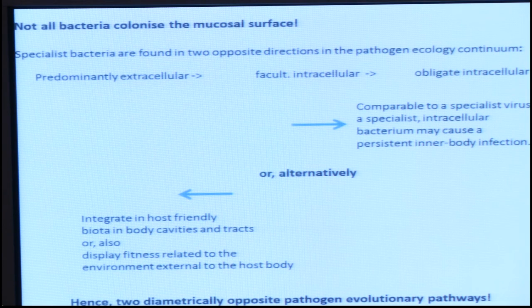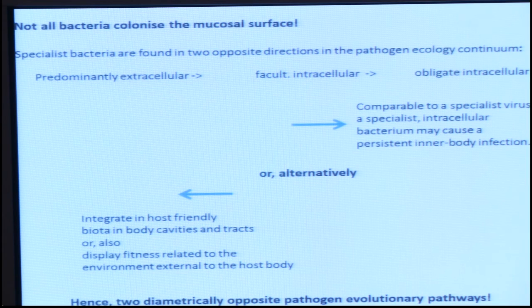Now, let us ask the question, what does a specialist bacterium actually look like if we wish the same sort of trait profile which we designed for the viruses? It can go in two different, opposite directions. An obligate intracellular bacterium, in fact, may go the way of the viruses, may do what a persistent virus may do.